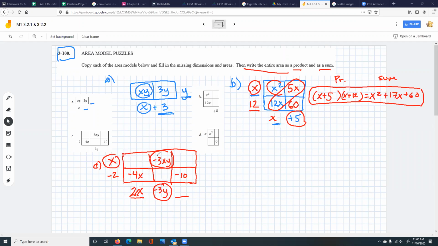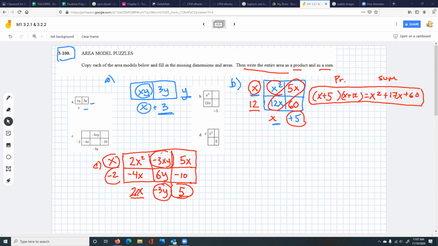So now I can go back and multiply these two to get this square: x times 2x is 2x squared. Now I can fill in this blank: -2 times -3y is +6y. I can fill in this by looking at this. -2 times what is -10? That would be +5. And then 5 times x gives me what goes here, which is 5x.